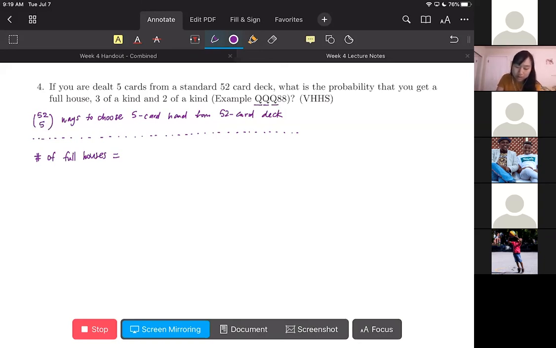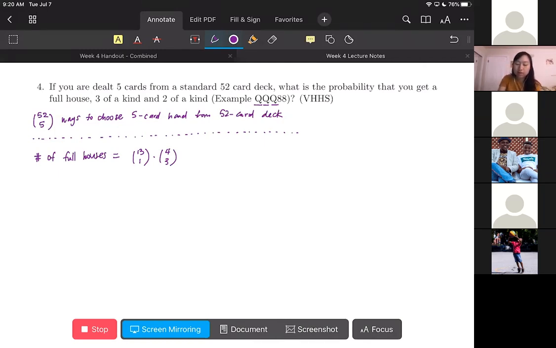So the number of ways we can do that is we can choose one of the 13 ranks or values of the cards to be the 3 of a kind. And then for each of those ranks, there are 4 suits, so we can choose 3 of those 4 suits to be the 3 that we have.